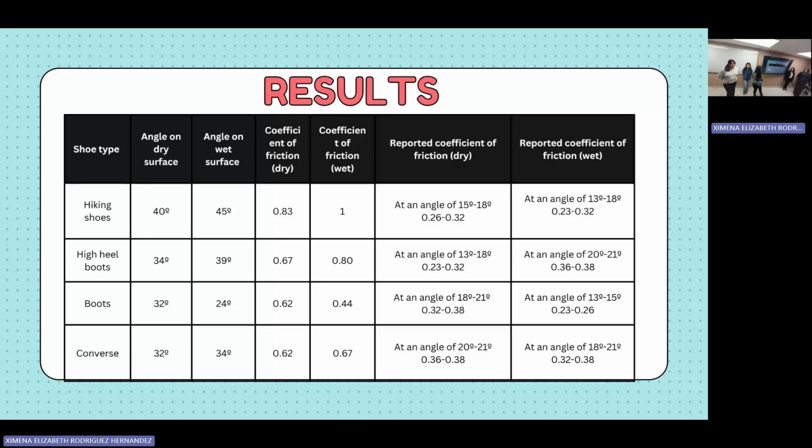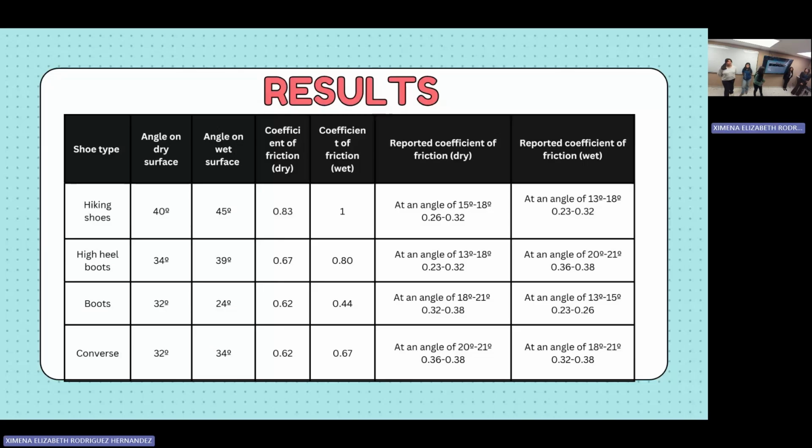Then in high heel boots, the angle on the dry surface is 34 degrees, the angle on the wet surface 39 degrees. The coefficient of friction dry is 0.67, and the coefficient of friction wet 0.8. The reported coefficient of friction dry is at an angle between 13 degrees and 18 degrees, and is 0.33 to 0.32.